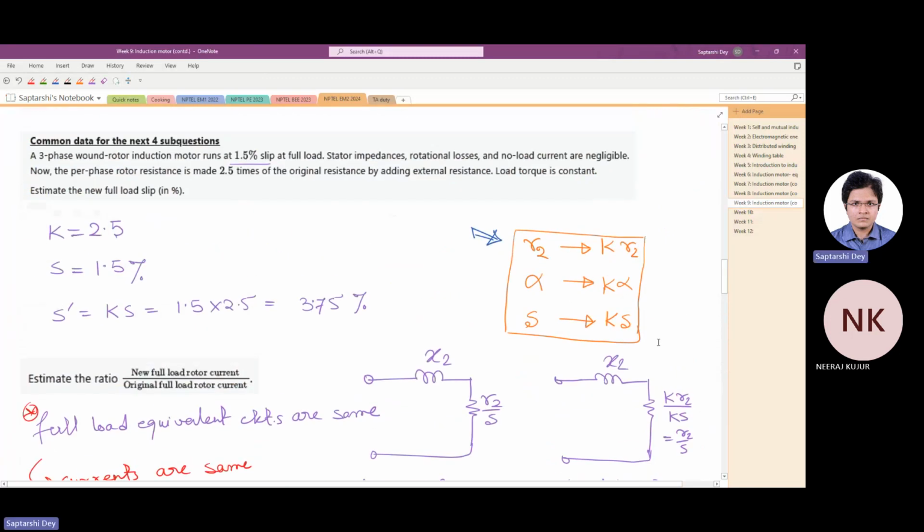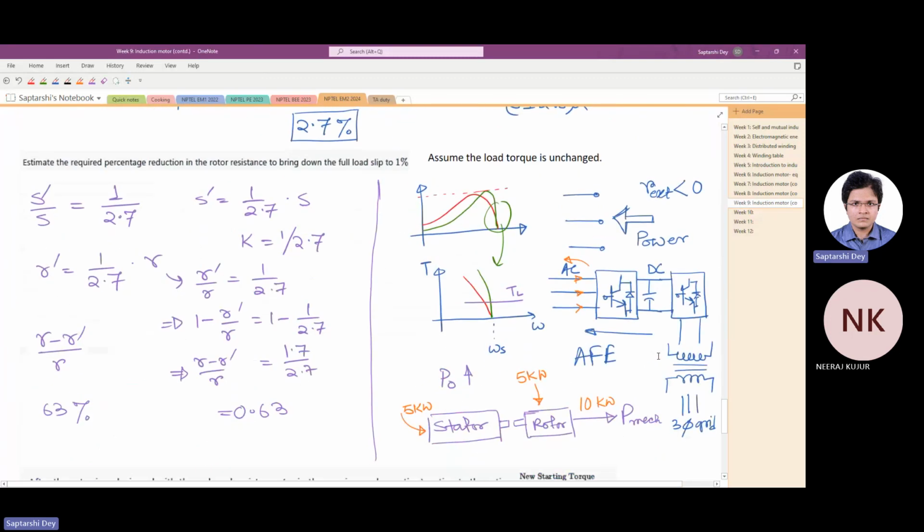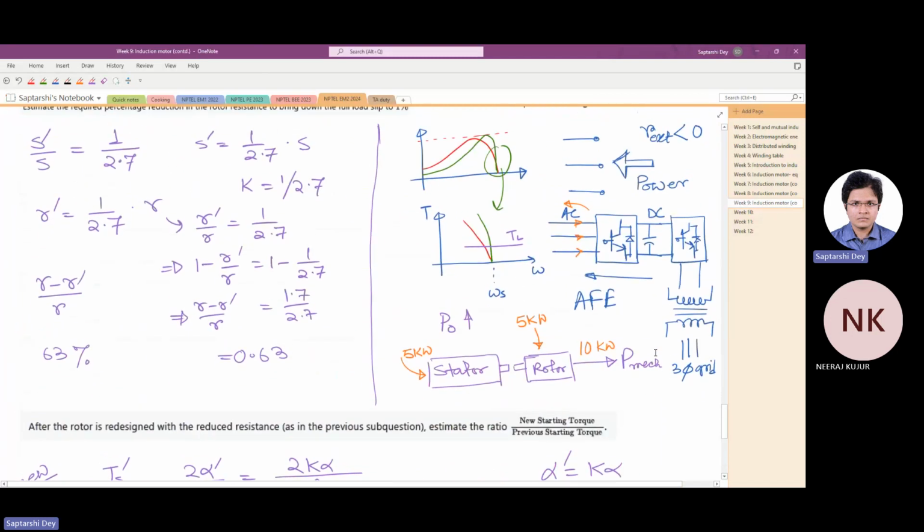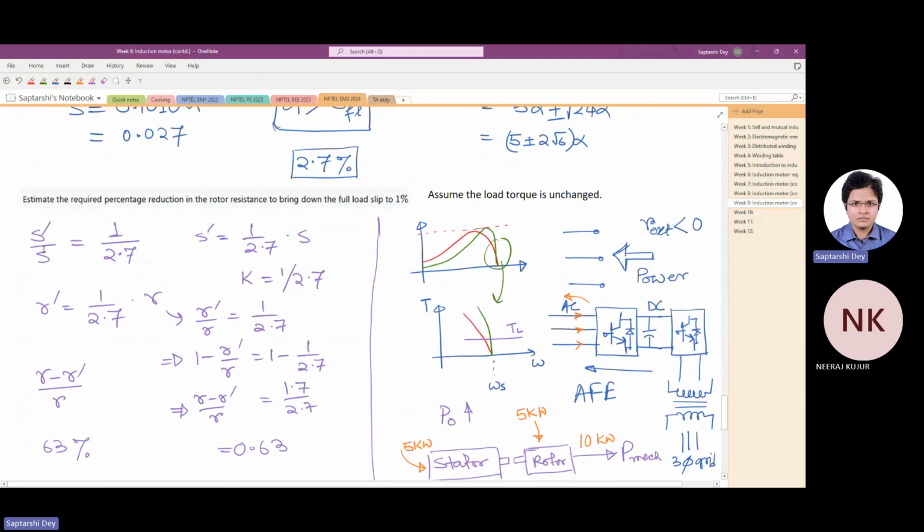Full load slip they want to bring back to 1%. Initially we had 2.57%. So new slip by old slip is 1 by 2.7, that factor K is now 1 by 2.7. Since the factor is 1 by 2.7, the resistance is multiplied by the same factor. So R prime by R is 1 by 2.7.